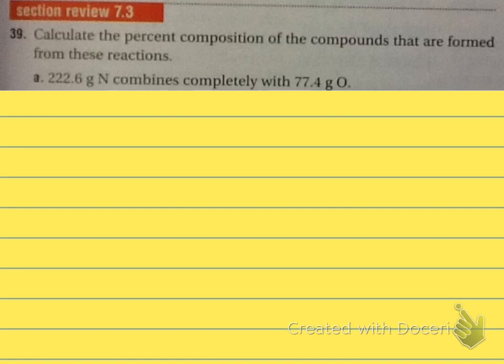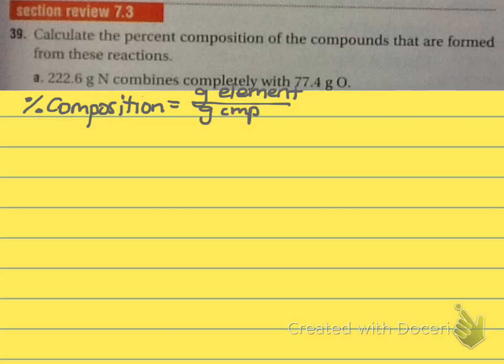So this is one where you're going to use the equation that percent composition equals the grams of the element over the grams of the compound times 100, because they give you the masses.